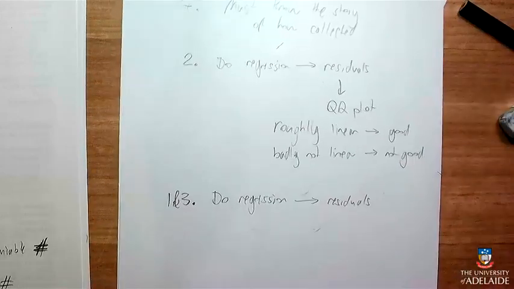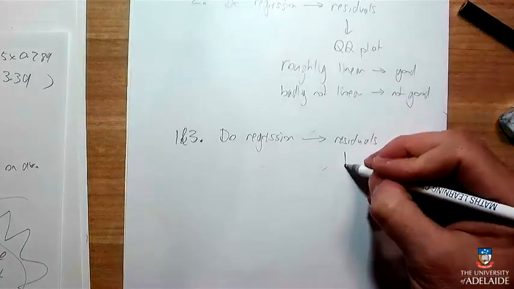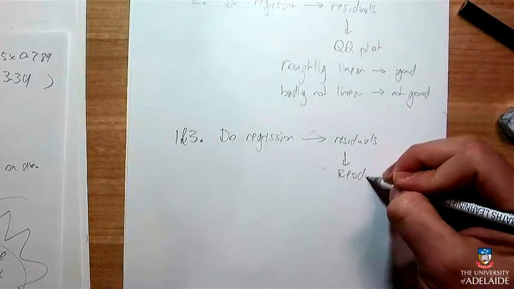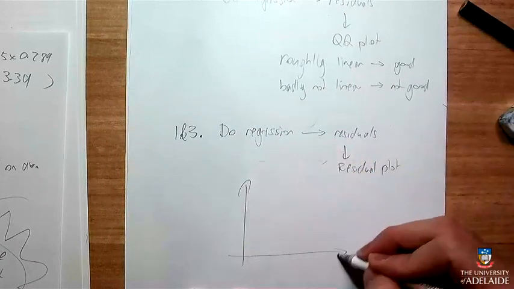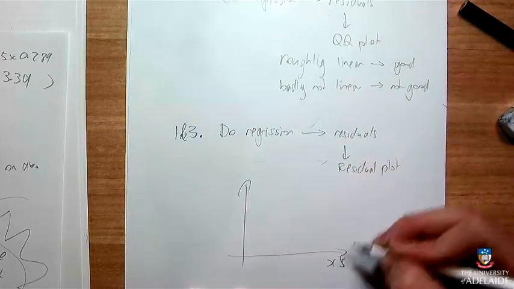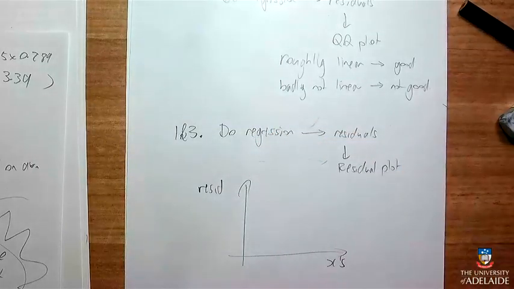You need to get the residuals as well for that, and you want to do a residual plot, which has the x's here and the residuals here. Be careful in MATLAB, it has a strange order that I think you put the y first and then the x when you ask MATLAB to plot things, so make sure you keep track of that.